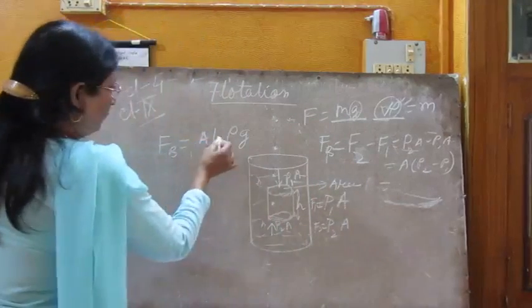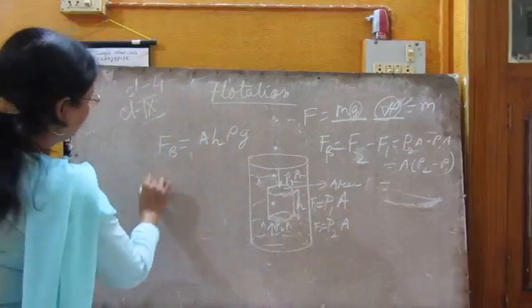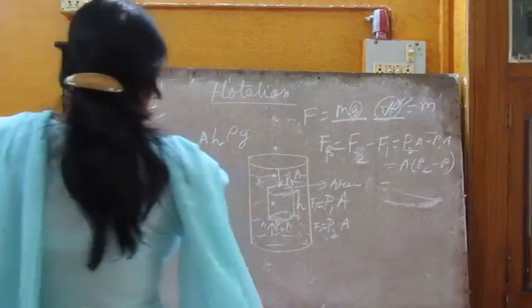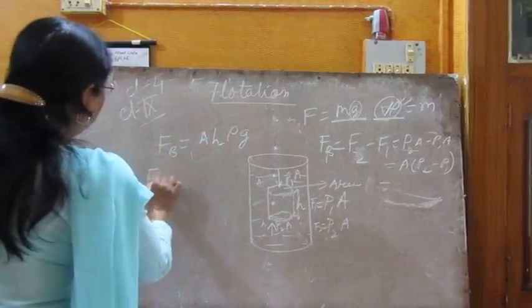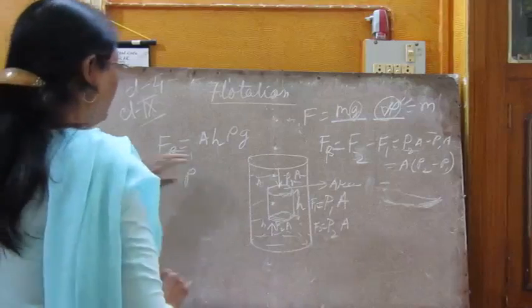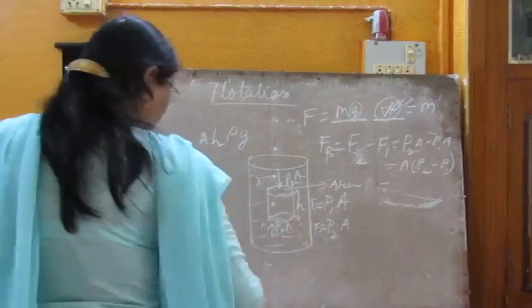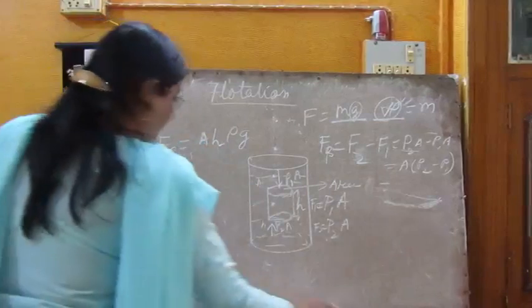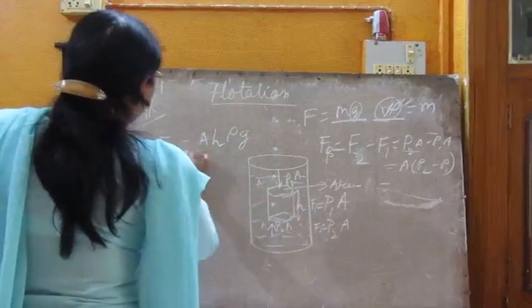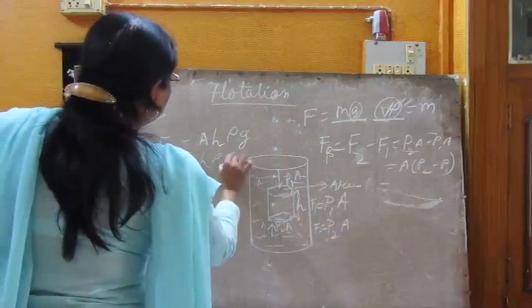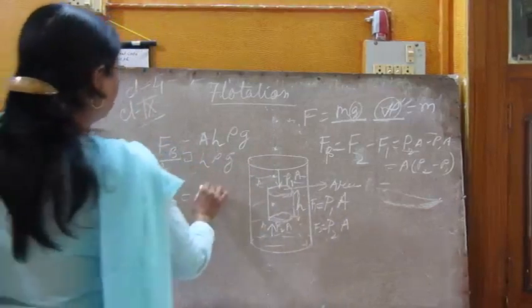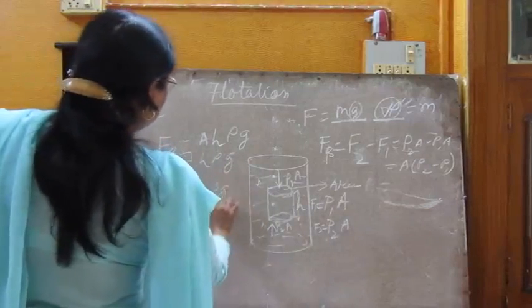Now for the pressure P: pressure means F by A. If I divide this by A, then what will come? H rho g. So the pressure is H rho g.